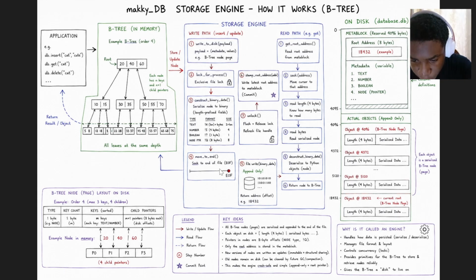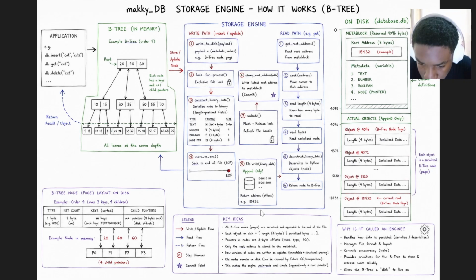Then we write the bytes, and when we're done, we take the starting position from where we wrote the bytes and return it to whoever called it, so that when we are retrieving data, we can tell the engine, hey, start from this address, this offset from the beginning.